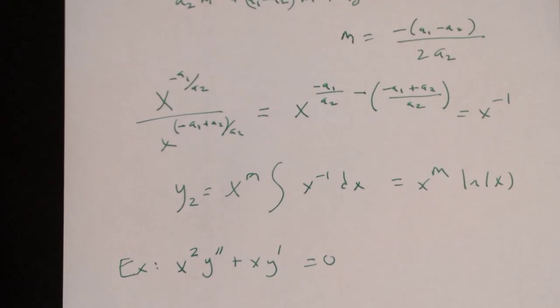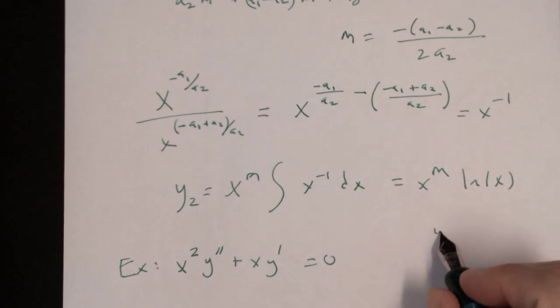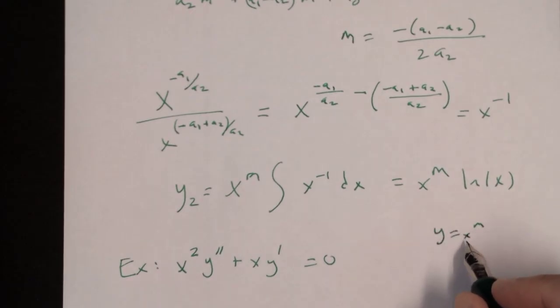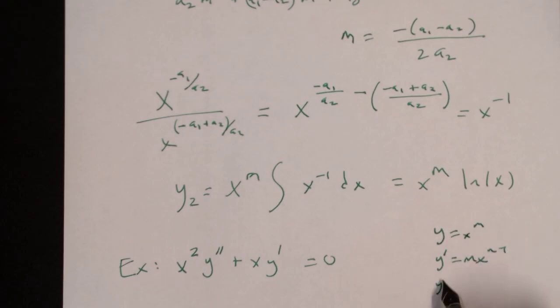I can always go over here to the side and write y is x to some power, so y prime is m x to the m minus 1, and y double prime is m times m minus 1, x to the m minus 2. I can get the auxiliary equation back without having to try and recite it from memory.